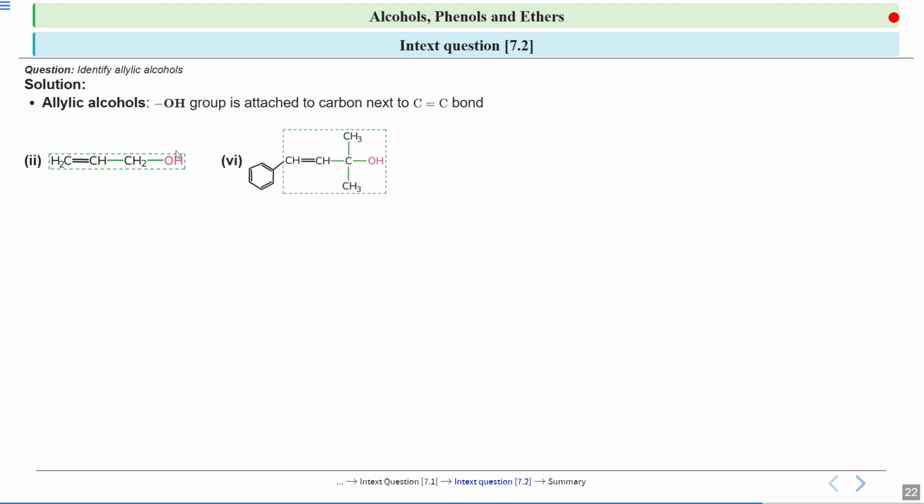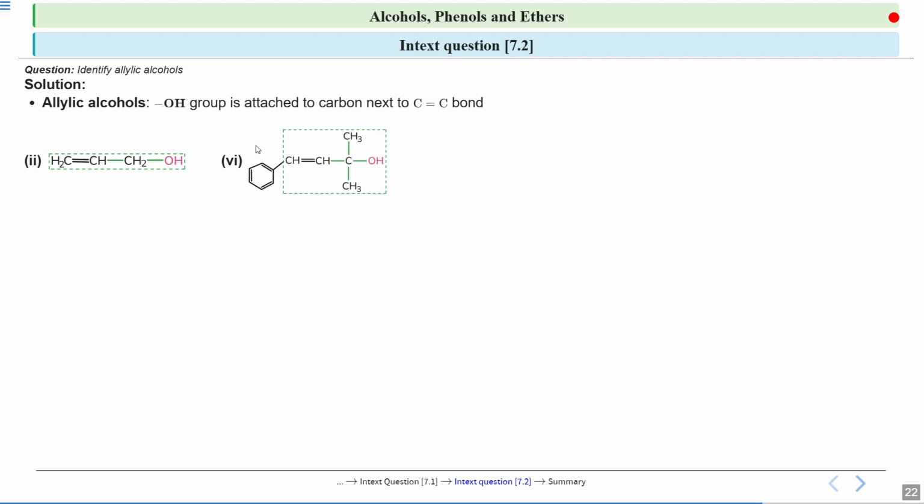If you see the second structure and the sixth structure, in the second structure we have the hydroxyl group attached to this sp3 hybridized carbon, and this sp3 hybridized carbon is attached to a double bonded carbon. This is what allylic alcohols are, right? So the second structure is an allylic alcohol.